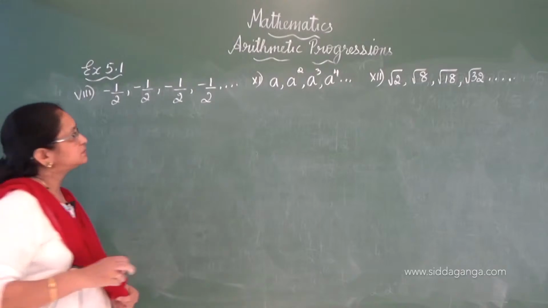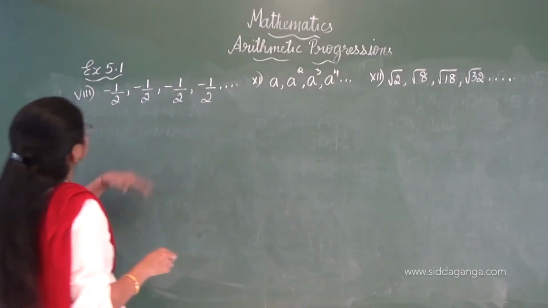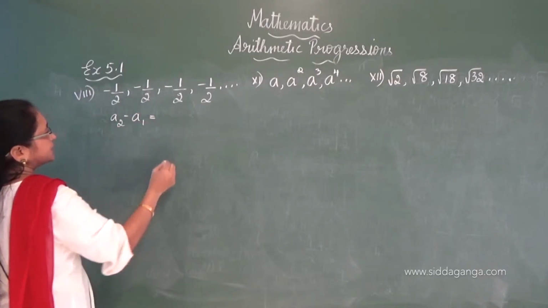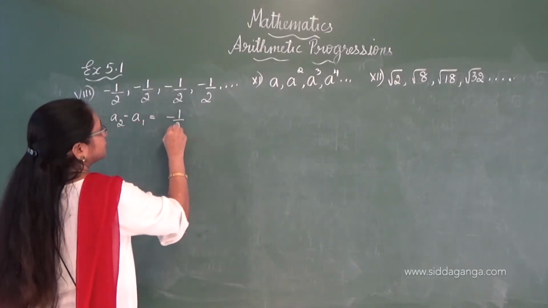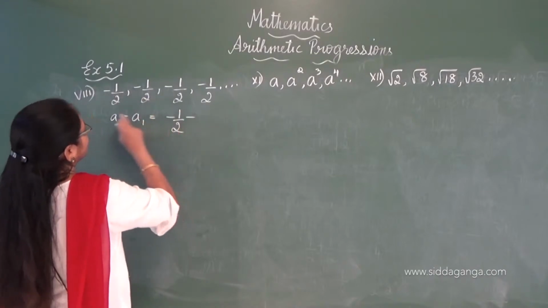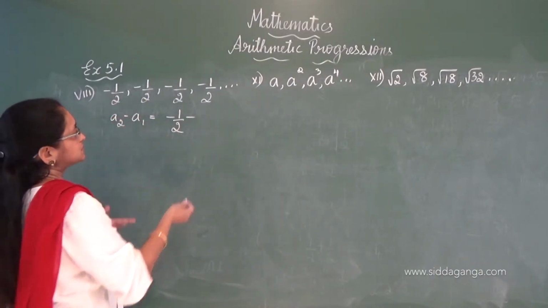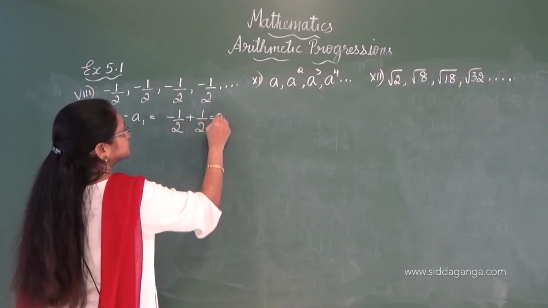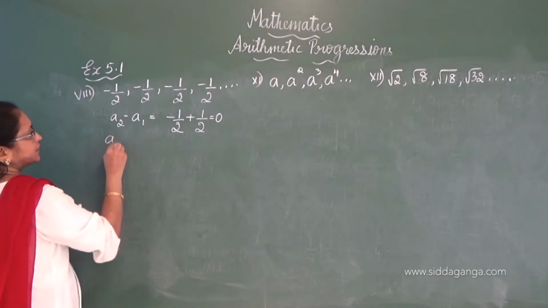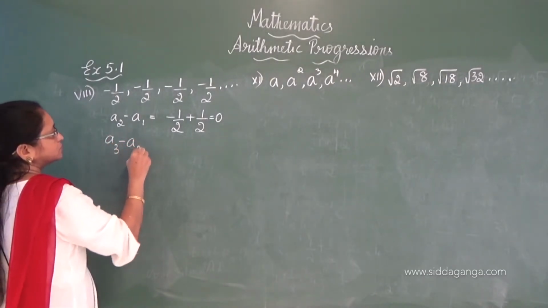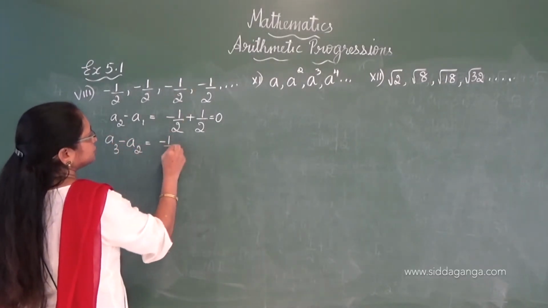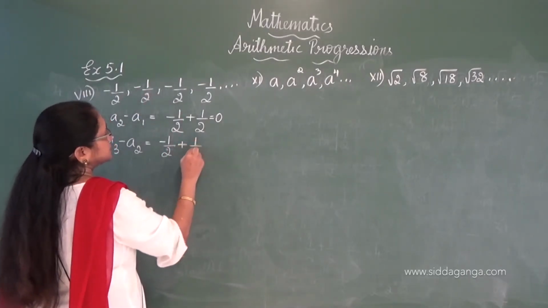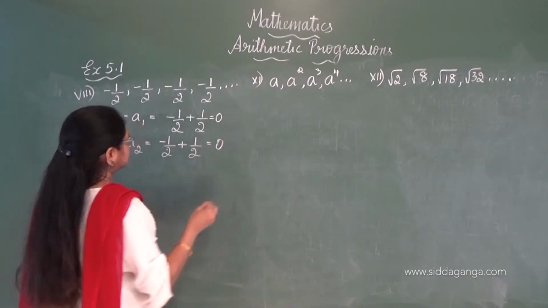Now we will do these three sums. Now here again a2 minus a1. a2 minus a1 is here minus half minus of minus half, again it means minus into minus is plus, so it will become 0. Next a3 minus a2. a3 is minus half minus of minus half, so it will become plus again, and you will get 0.